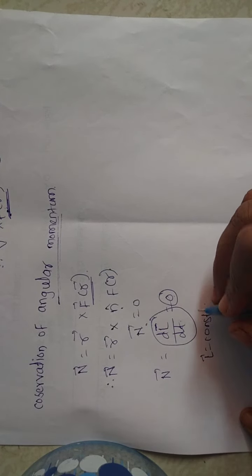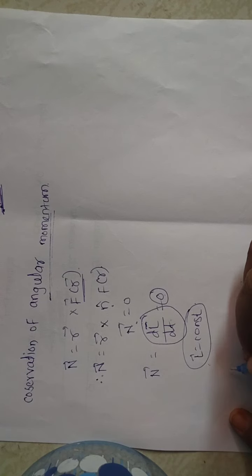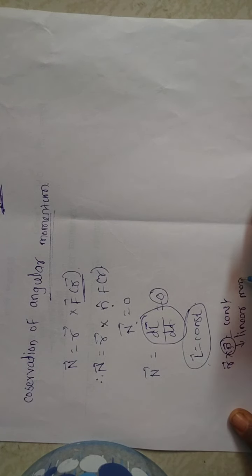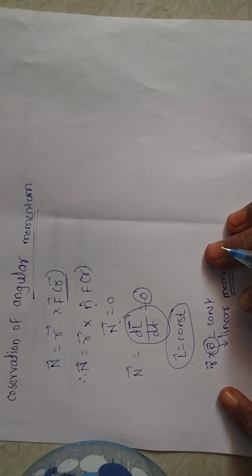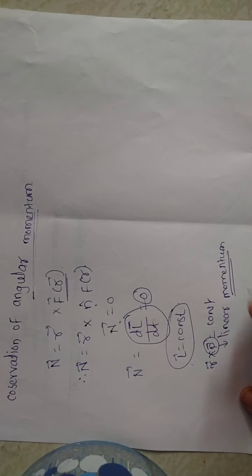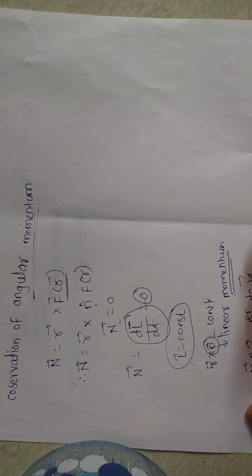L bar is constant, and what is L bar? It is r bar cross p bar, where p is the linear momentum. Here r bar and p bar are perpendicular to L bar.